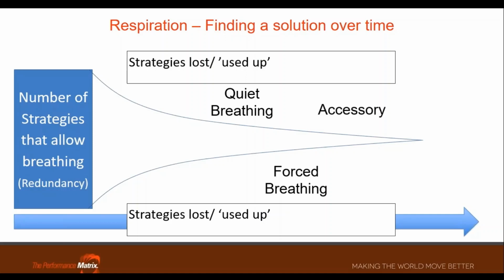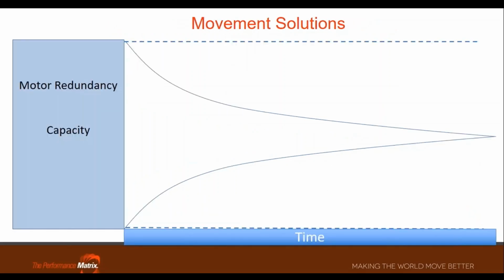We're using every breathing strategy we can due to the demand of the task. And because we've got redundancy in the system, it means we've got more ways than one to sustain our task outcome.